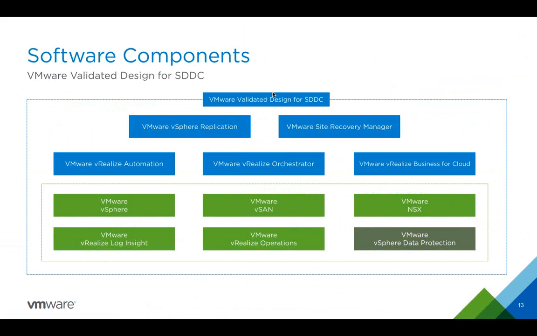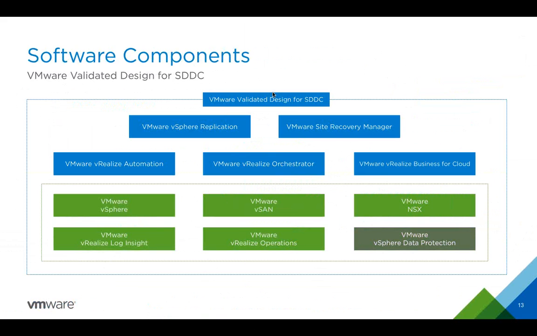So you want to pick up things like vRA, a highly distributed vRA deployment, pick it up and move it to another region and reinstantiate it. Same with vRA's operations. So these are kind of the core components of the VBD for SDDC.